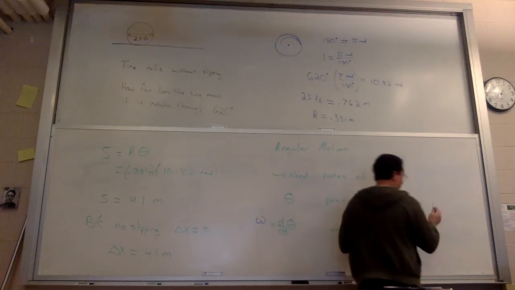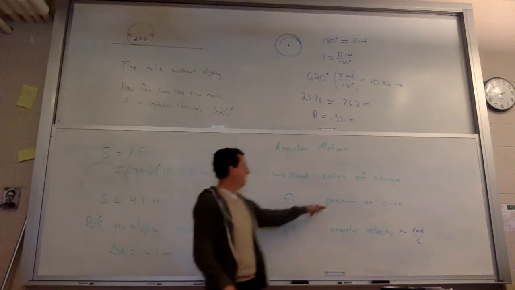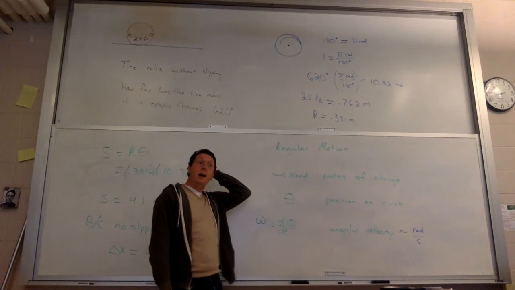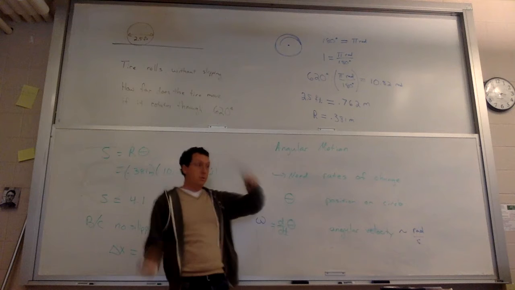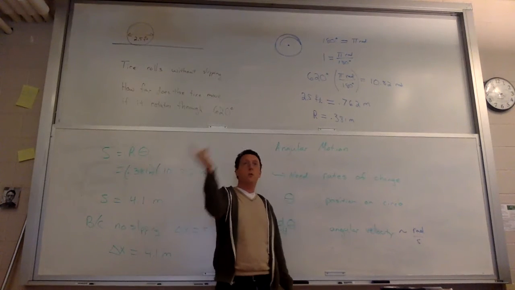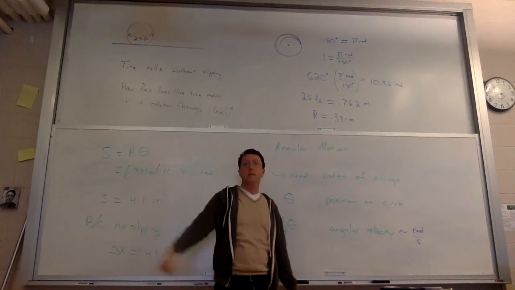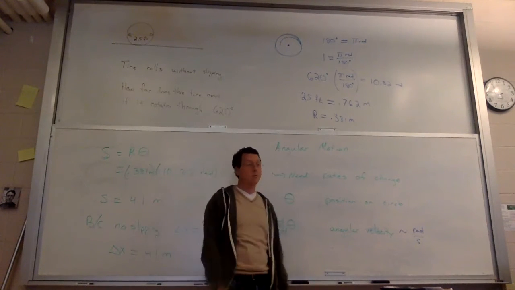If it goes around once a second, that'd be 2 pi radians per second. That's how that would go.